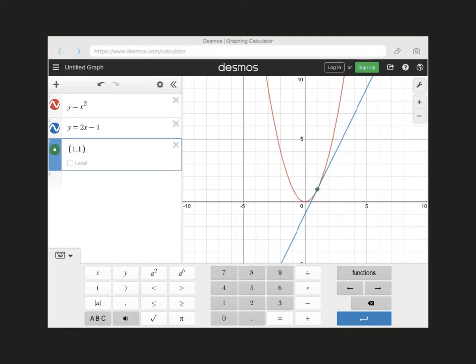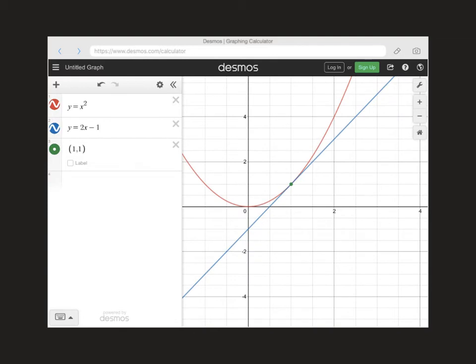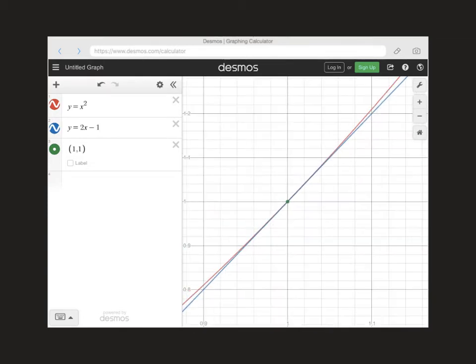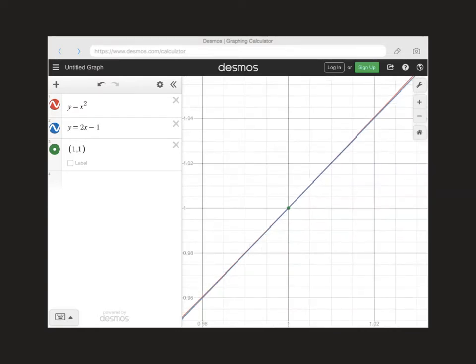You can see that y equals x squared is obviously curvy, and y equals 2x minus 1 is obviously a straight line. But when we zoom in far enough, I can't tell the difference between the line and the curve.